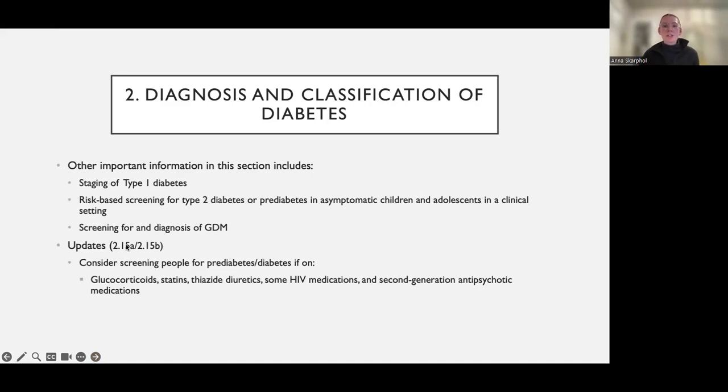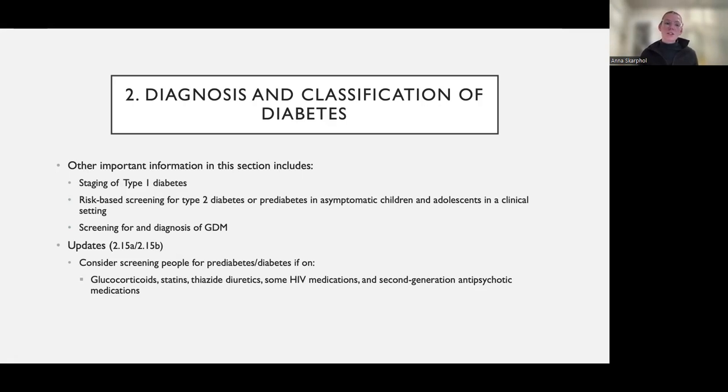Other important information in this section, they talk more about the staging of type 1 diabetes, as well as more risk-based screening for type 2 diabetes in children and adolescents, and then screening and diagnosis for gestational diabetes. And another important update this year that I thought really had important tie-ins for pharmacy is they now recommend screening people for prediabetes or diabetes if they're on various medications that can increase your blood glucose.